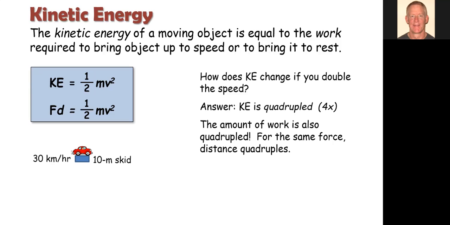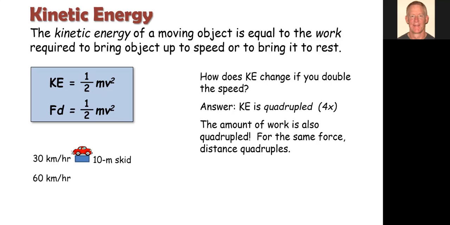So let's look at some examples. Let's say we have a car that's going 30 kilometers per hour, and we hit the brakes and push them as hard as we can, and it takes 10 meters to bring it to a stop, right? We skid or lock up the wheels and it slides for 10 meters, okay? Now, what happens if we double the speed? How does that affect the energy?